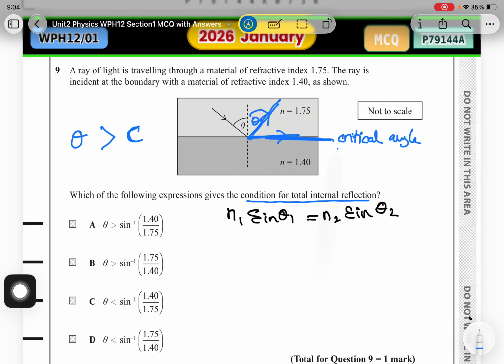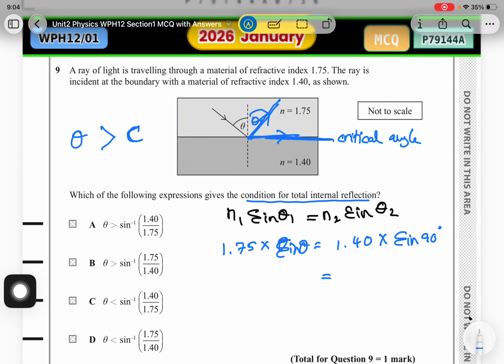So let's get the critical angle. I'll consider n1, which is 1.75, times sine theta, equals 1.40 times sine 90.